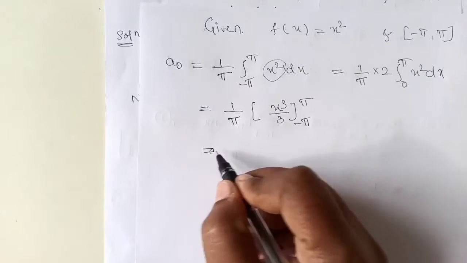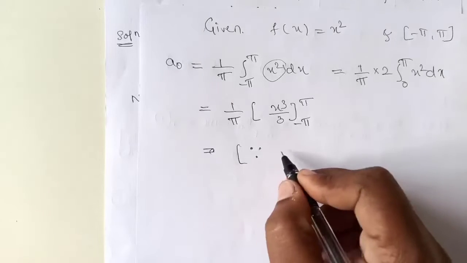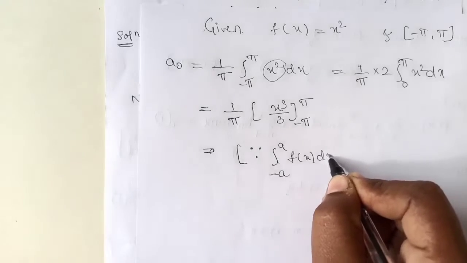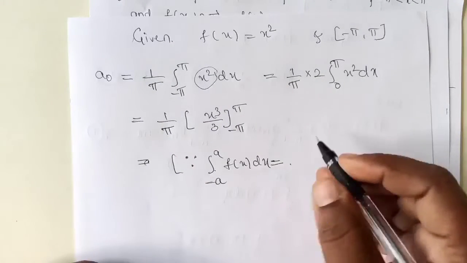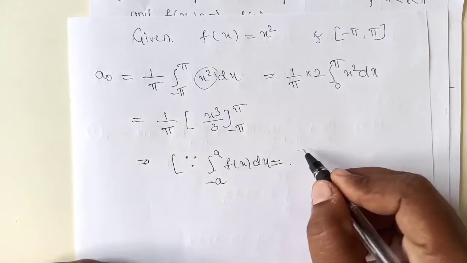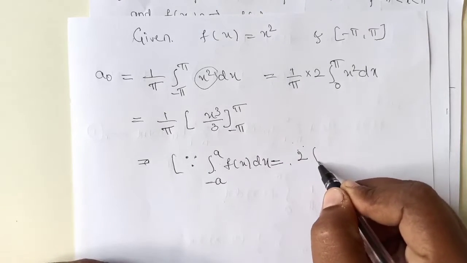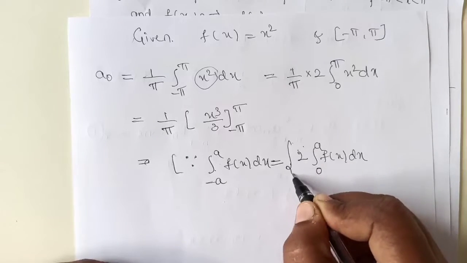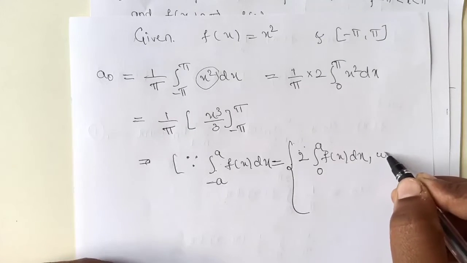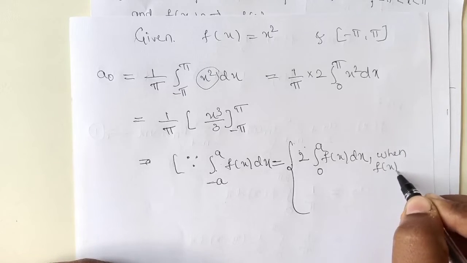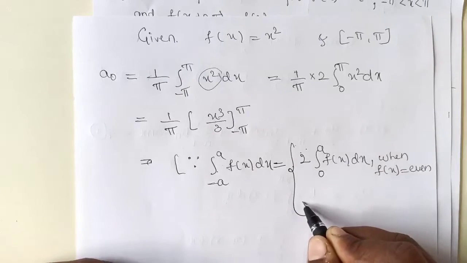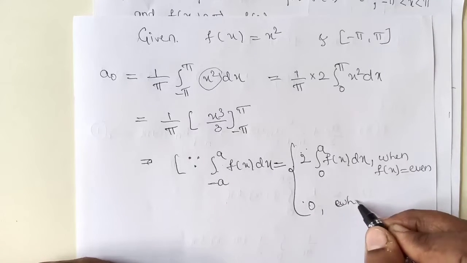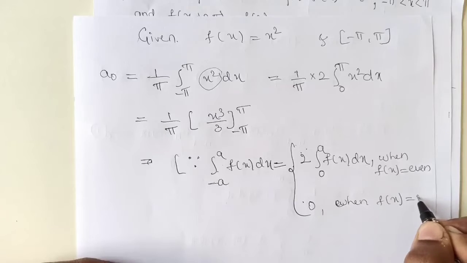So minus a to a f of x dx is equal to 2 into integration 0 to a f of x dx when f of x is an even function, and 0 when f of x is an odd function.